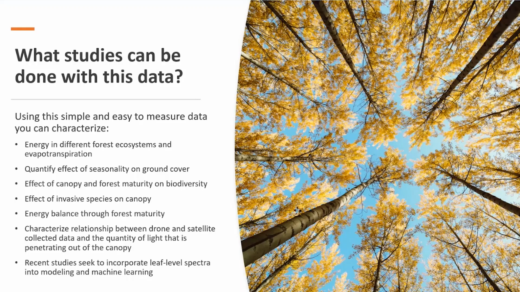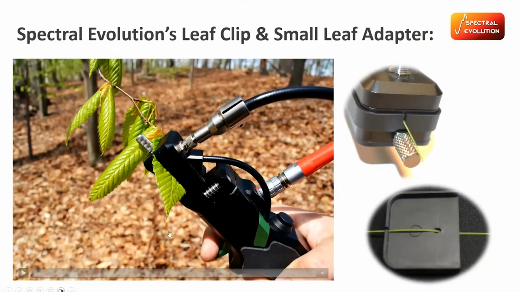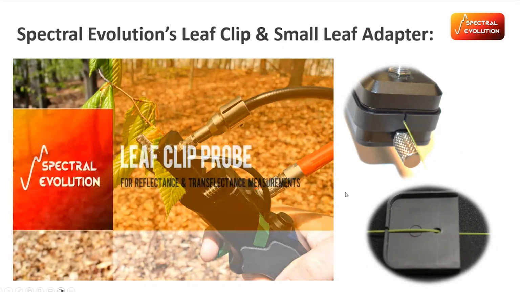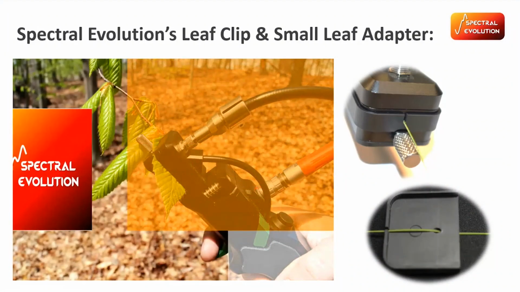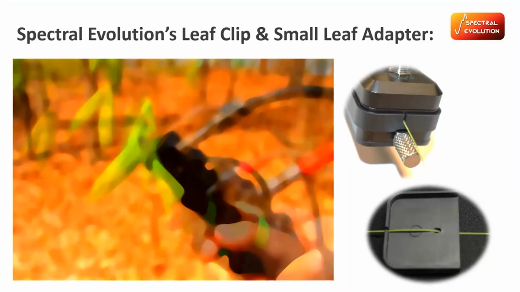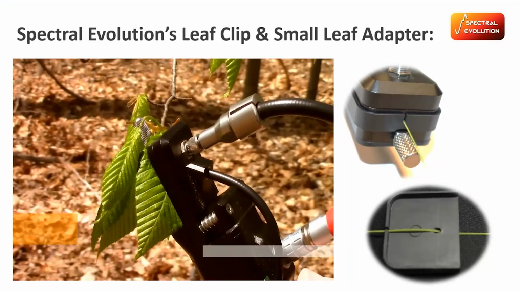And so when doing that, you can use our leaf clip to get lab quality leaf level spectra. So the pine needle adapter also incorporates onto this leaf clip probe, which will allow you to target even smaller and thin pine needles.